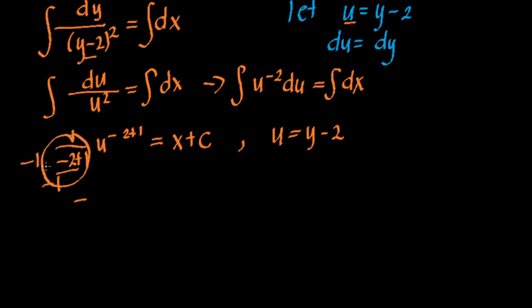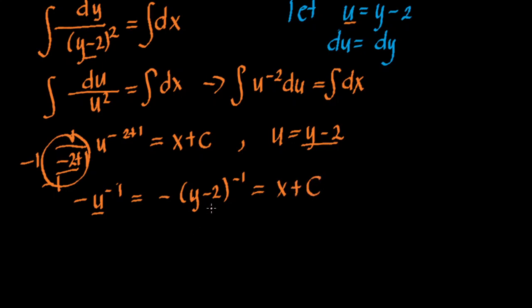So we have negative u to the negative 1 is equal to negative y minus 2, since we'll change the u with this here, to the negative 1 is equal to x plus c.